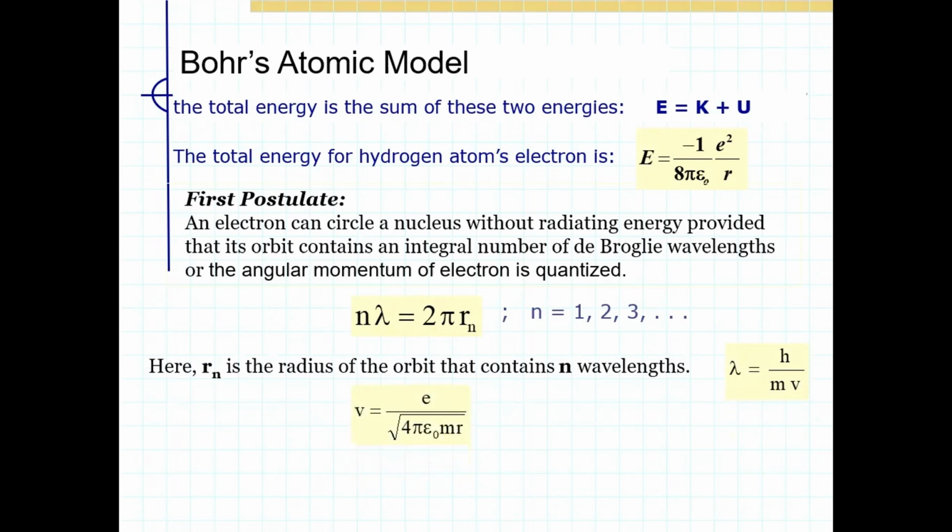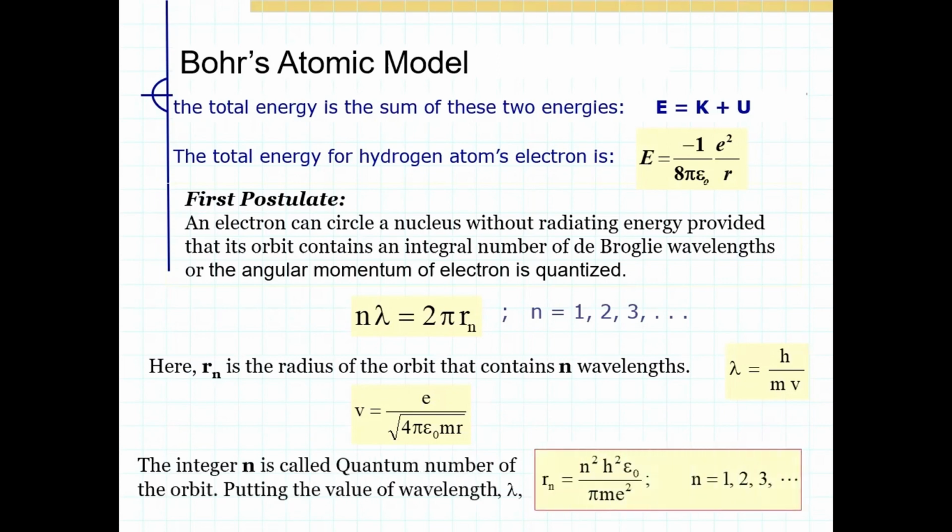Therefore, velocity was estimated through this relation, and the radius r can be estimated through this velocity equation and also the above balance equation, with the help of the wavelength, and its relationship with m into v and the total energy.